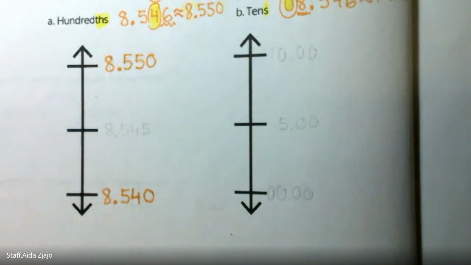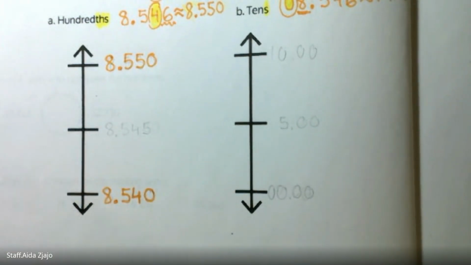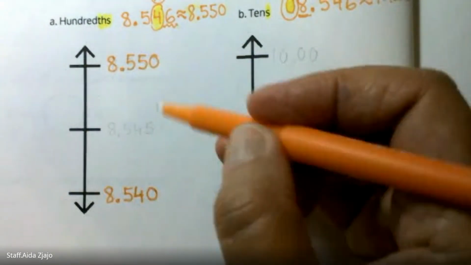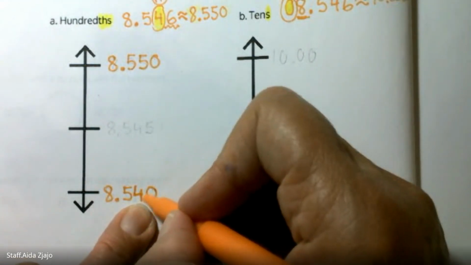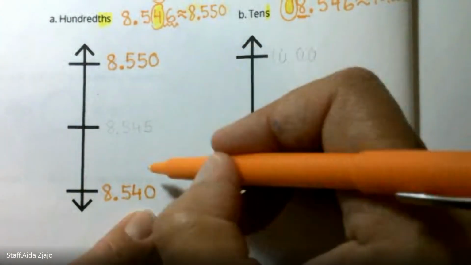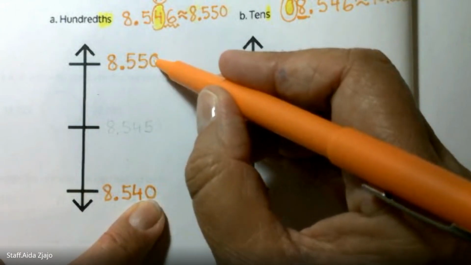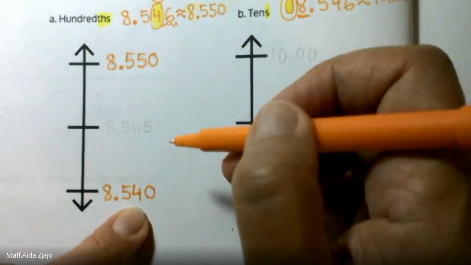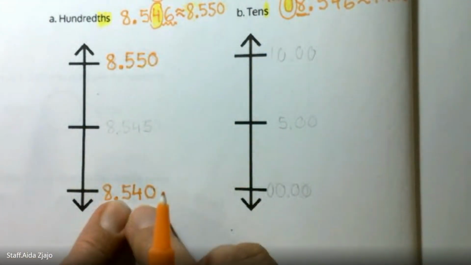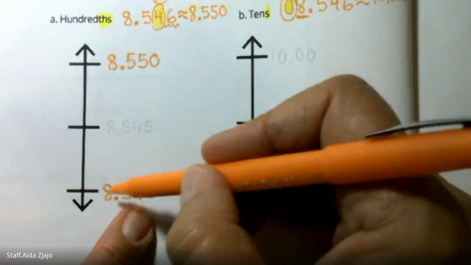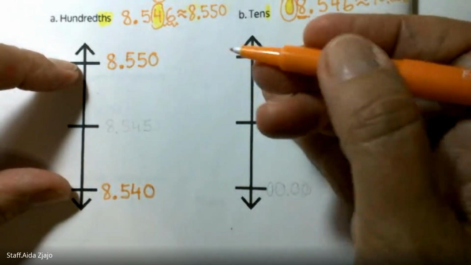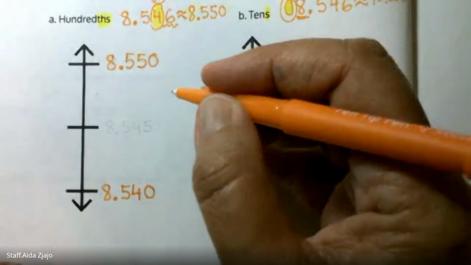Okay, so 8 wholes, and it's going to be this number or this one depending on how many thousandths we have. In the midpoint, it's always in between these two numbers, because this is base 10 numbers.